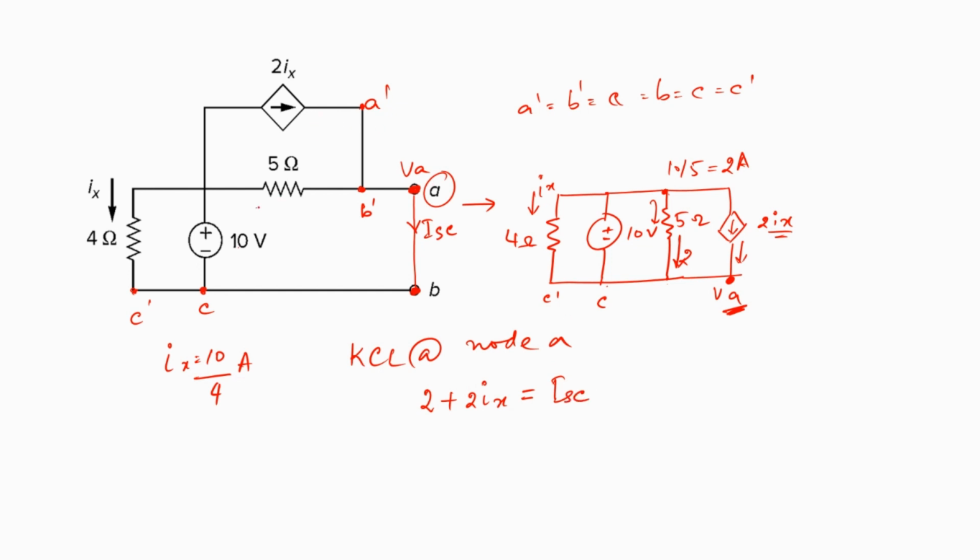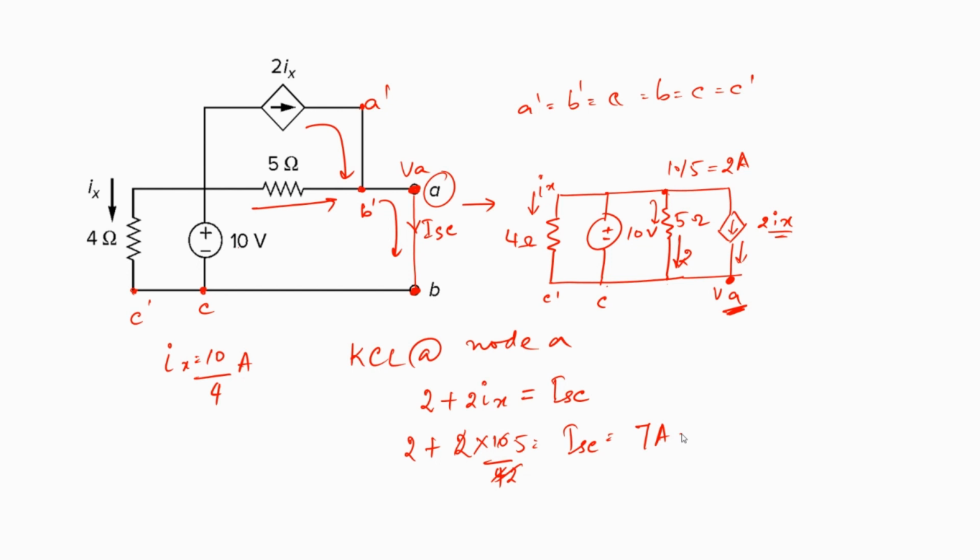So therefore, this current plus this current is the current flowing through the AB terminals, shorted. So therefore, what is Ix in this case? Ix is nothing but 10 by 4. So I can replace that value as 2 into 10 by 4. So that means ISC is nothing but 7 amps.